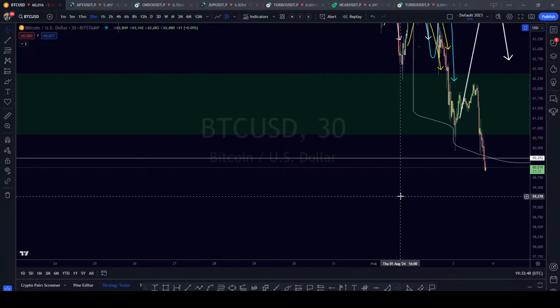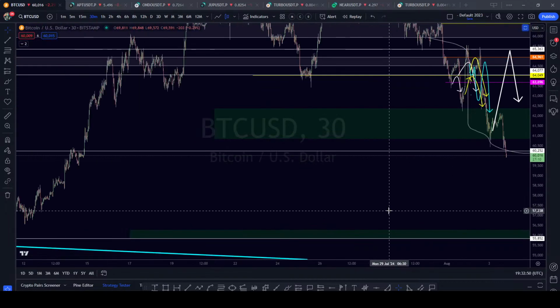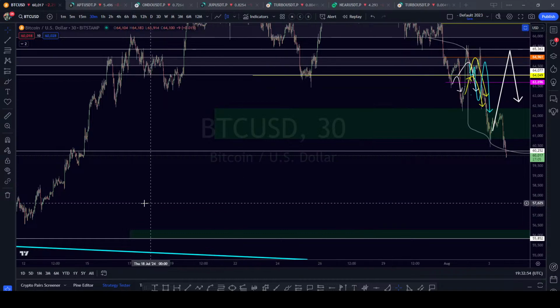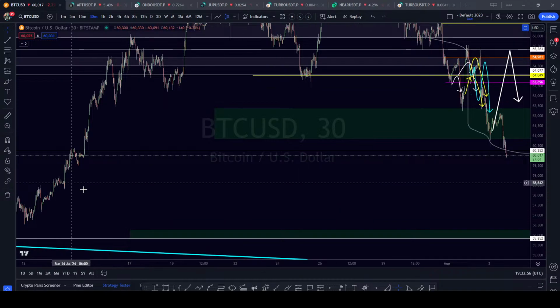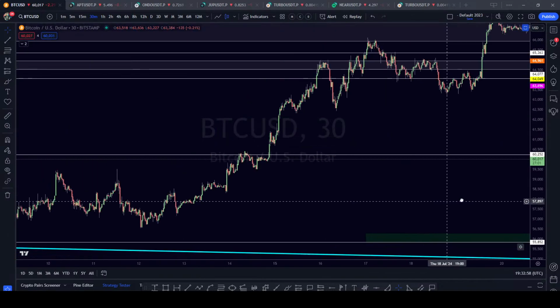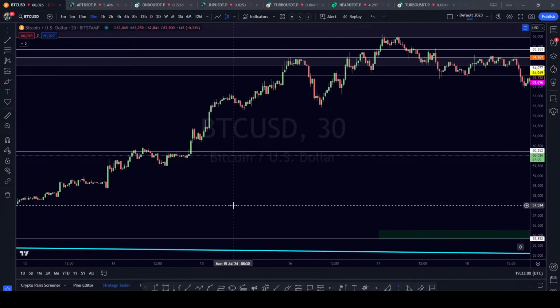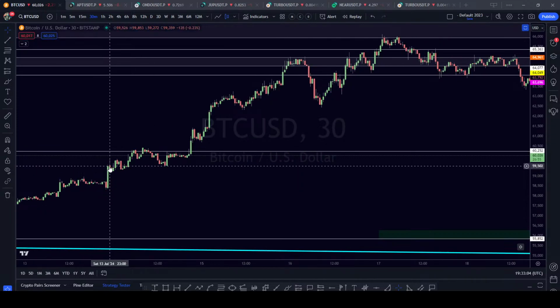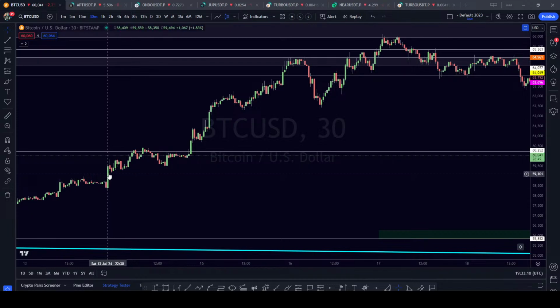Now, what do I think is going to happen now? Great question. We do have a fair value gap right here. The easiest way to identify fair value gaps is candle 1, candle 2, candle 3. The space between candle 3 and candle 1 that do not touch is a fair value gap.